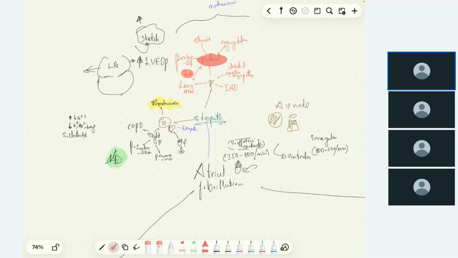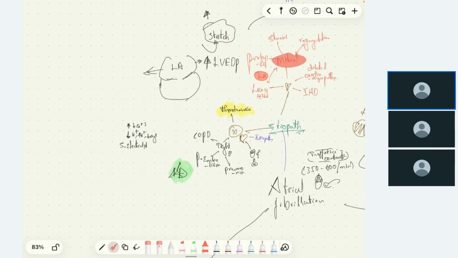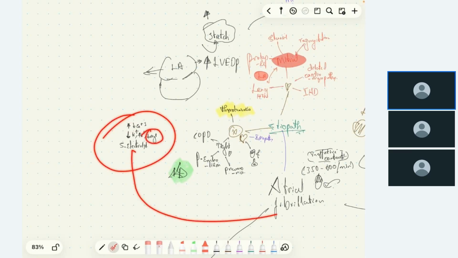Under non-cardiac causes, we have thyrotoxicosis, pulmonary diseases like COPD, pulmonary embolism, pneumonia, alcohol and drug intake, and idiopathic. And also, we have secondary reasons such as serum electrolyte disturbance: hyper or hypokalemia, hyper or hypocalcemia, and hypomagnesemia are causes of atrial fibrillation.